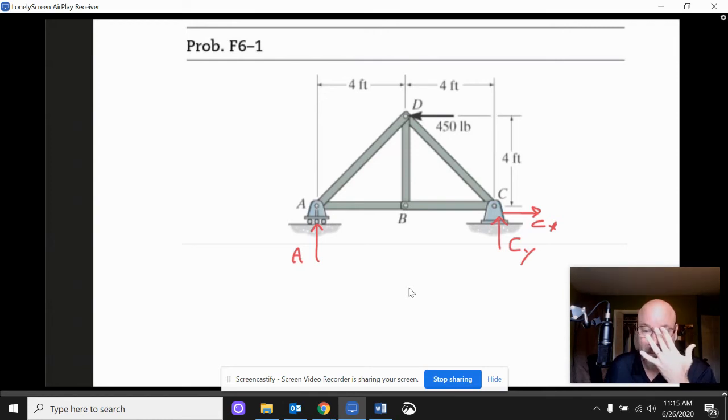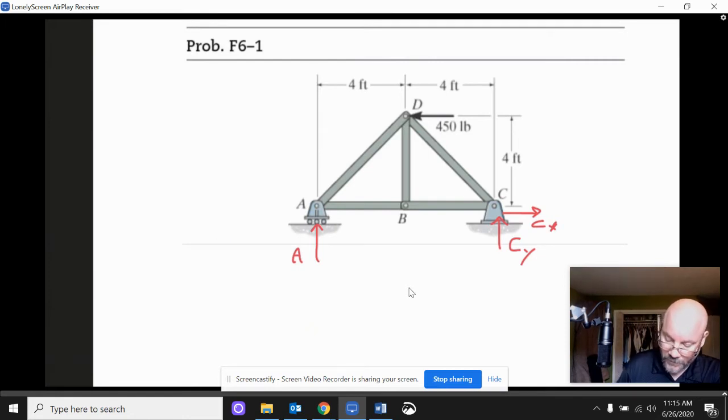So, CX and the 450 are my only horizontal forces, right? That's all I've got for horizontally. So that means that CX is going to have to be equal to D. I want to write that down.